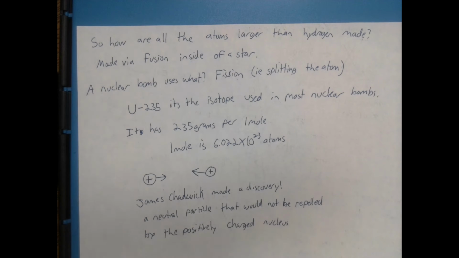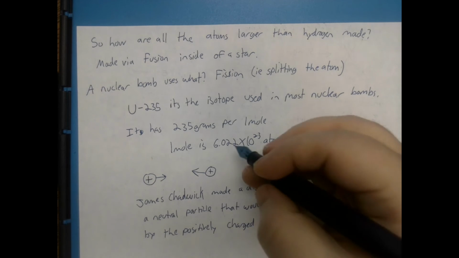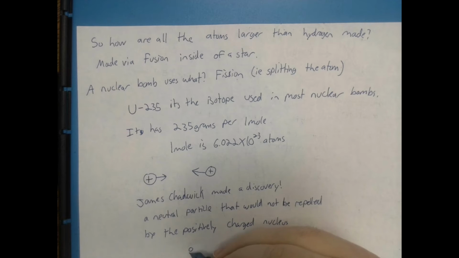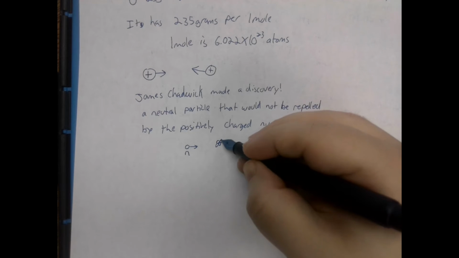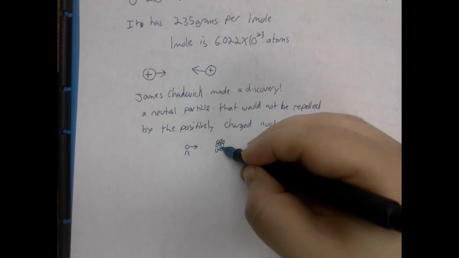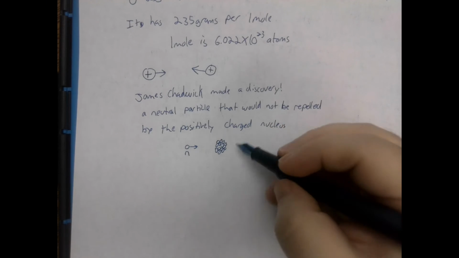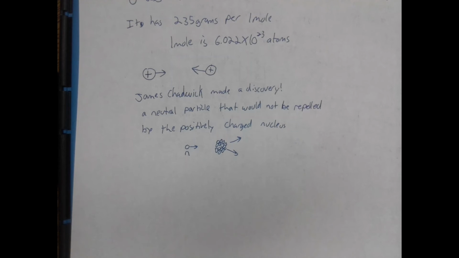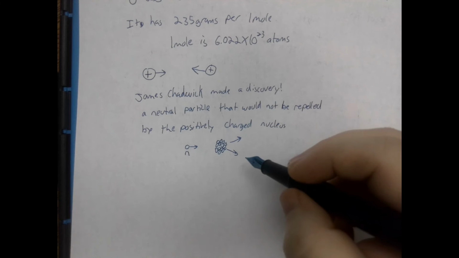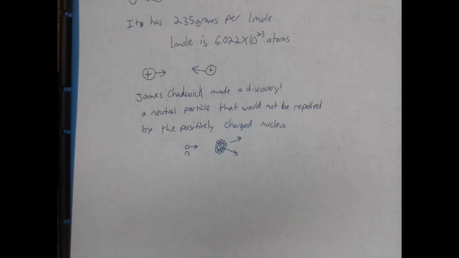So instead of taking two positively charged nuclei and smashing them into each other, you instead take a single neutron, which would not be repelled, and make it hit a large nucleus. This would cause the nucleus to break apart. So the moment the neutron was discovered, atomic bombs became possible.